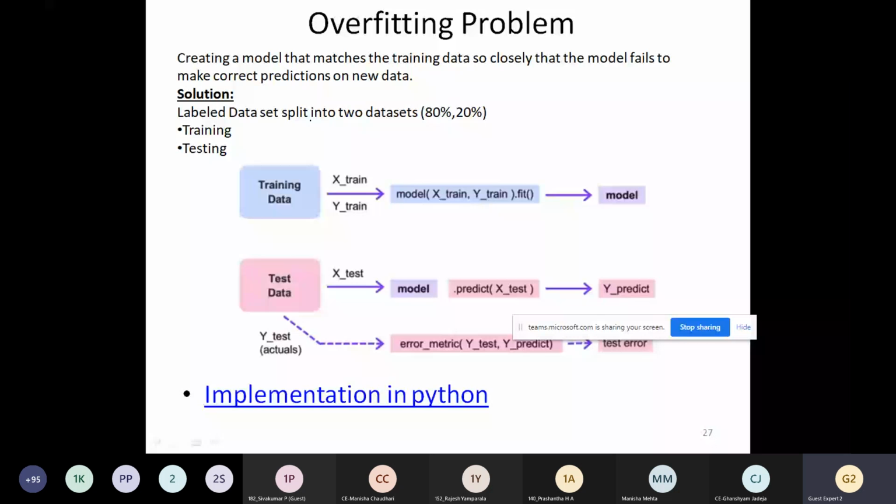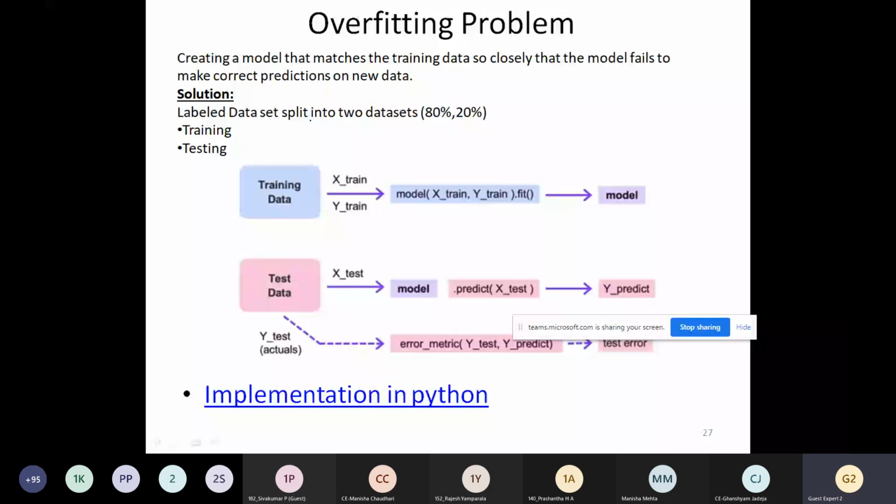So after creating your model, if you test it using test data, you can find out the performance of your model. And then afterwards, you may use that model to predict the unknown value. Clear?